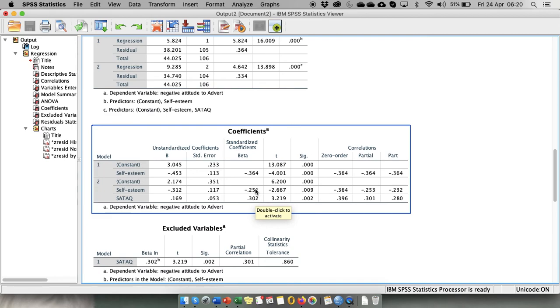So you would see two variables competing for the variance explained in the dependent variable. So the only interesting difference between just doing multiple regression and doing hierarchical is this additional variance explained by the predictor controlling for another variable.